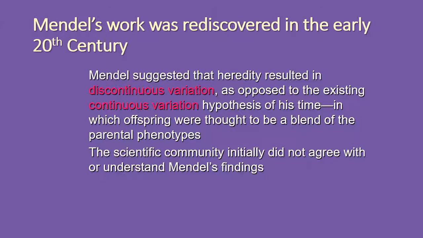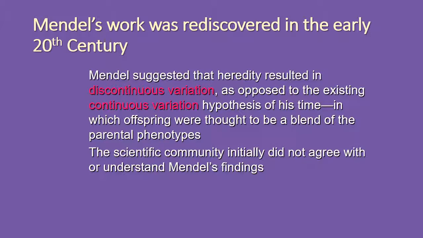That's what the thought process was at the time, whereas Mendel has this discontinuous variation, that recessive alleles are masked in one generation and pop up in the next generation, and that didn't really jibe with what the thinking was of that time, and so people pretty much just ignored his findings.